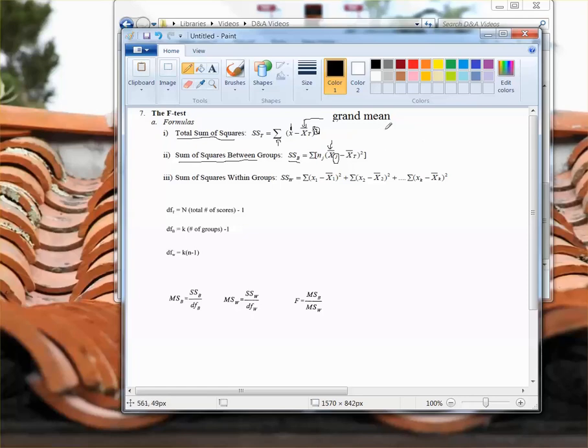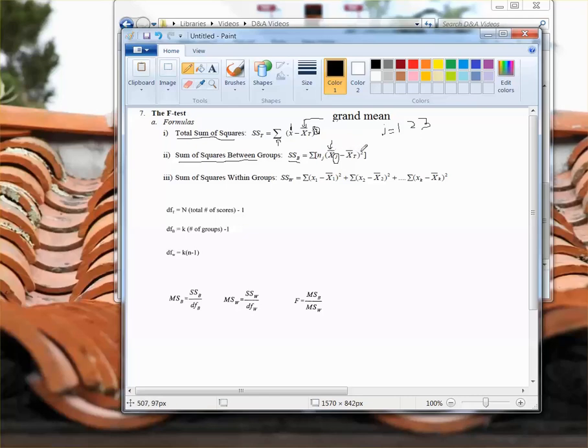If you had three groups, J could equal 1, 2, or 3, representing first, second, or third group. If you had 10 groups, J could be 1, 2, 3, 4, 5, 6, 7, 8, 9, 10, right? So you take each individual group mean and you subtract it from the grand mean. Now we're focusing on how each individual group mean varies from the grand mean.